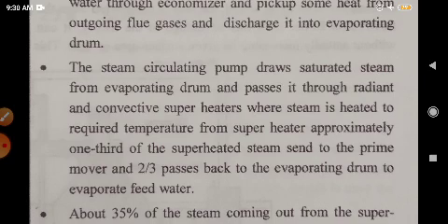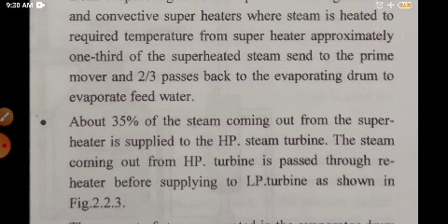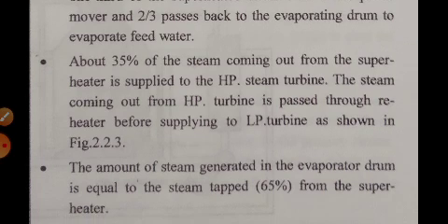From the superheater, approximately one-third of the superheated steam is sent to the prime mover and two-thirds passes back to the evaporating drum to evaporate the feed water. About 35% of the steam coming out from the superheater is supplied to the high pressure steam turbine. The steam coming out of the high pressure turbine is passed through the reheater before supplying to the low pressure turbine, as shown in the figure. The steam generated in the evaporator drum is equal to the steam tapped, that is 65%, from the superheater.